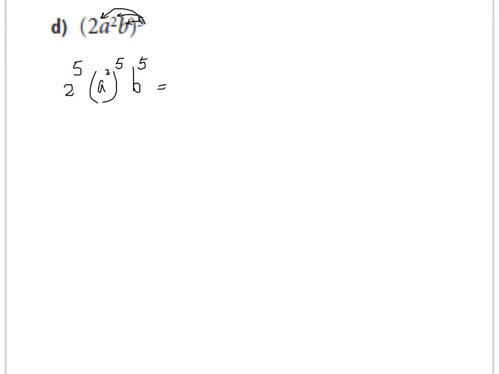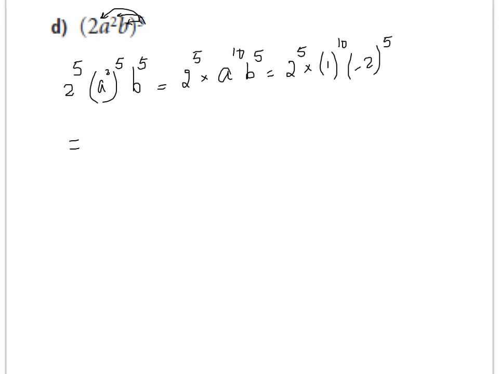Now, we are going to have 2 exponent 5 times a exponent 2 exponent 5, which is going to be a exponent 2 times 5, which is 10, b exponent 5. Now, I'm going to substitute the values. a is 1, and b is negative 2 exponent 5.